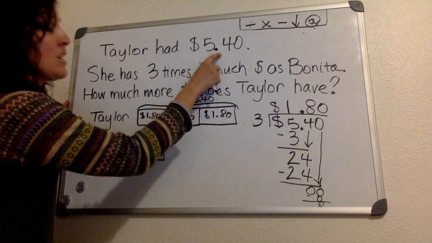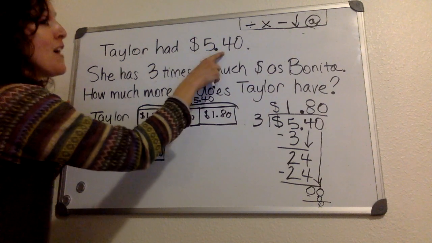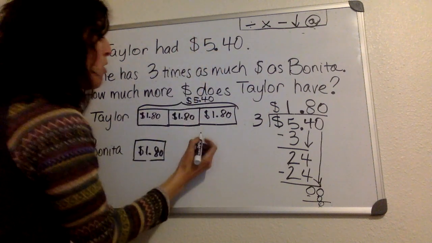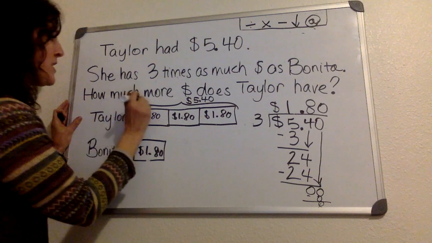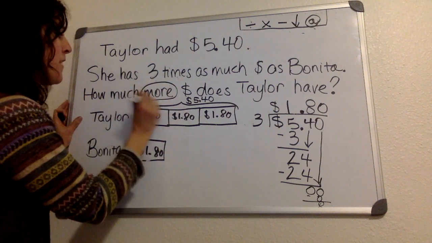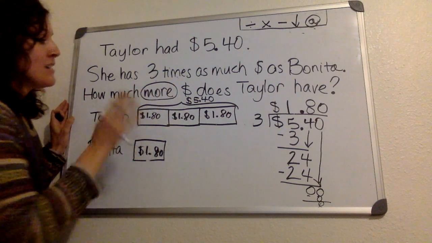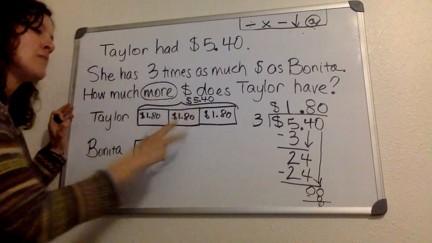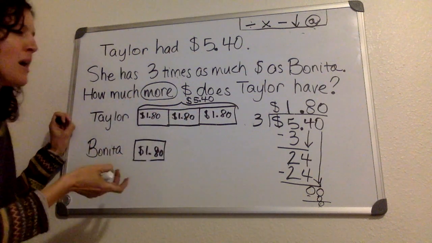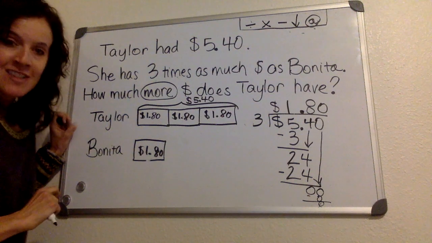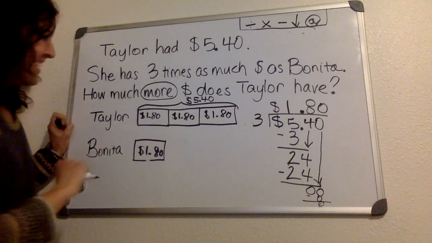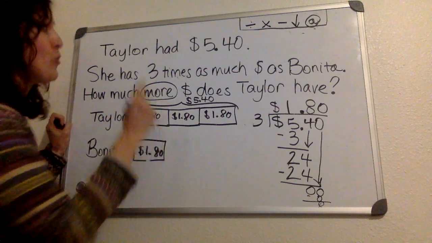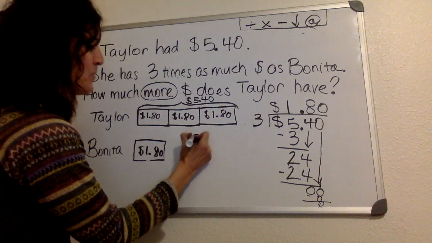We know that Taylor started off with, or has, $5.40. We want to find, once again, when you see this "more" right here, that tells you a lot. Not only does it tell you comparison, a lot of times it'll be a comparison model, it also tells you you might need to subtract. And sure enough, we do need to subtract in this problem.